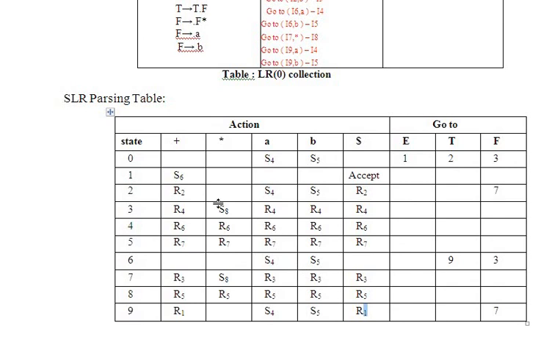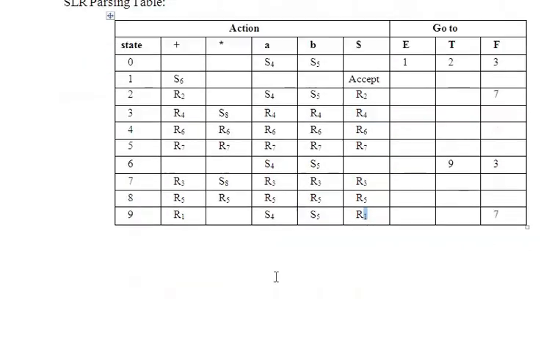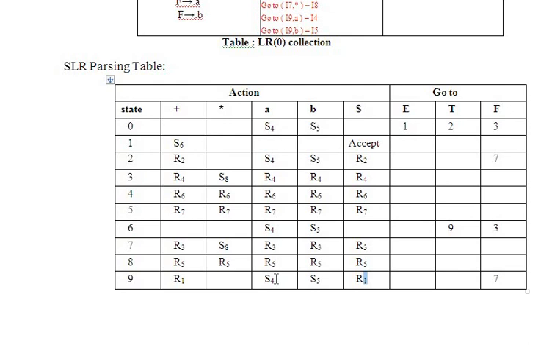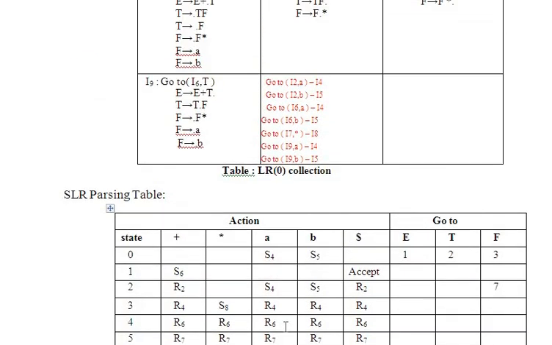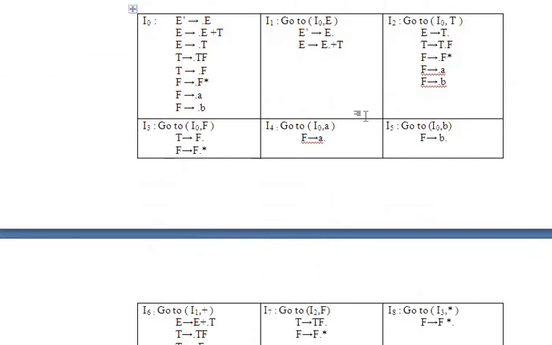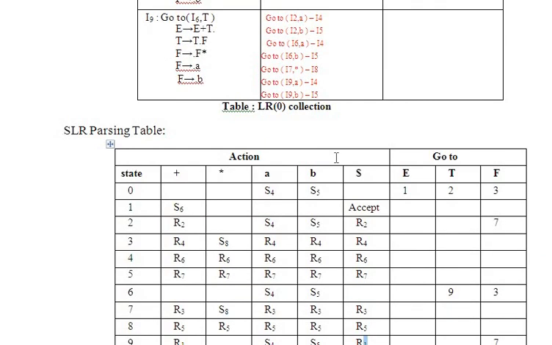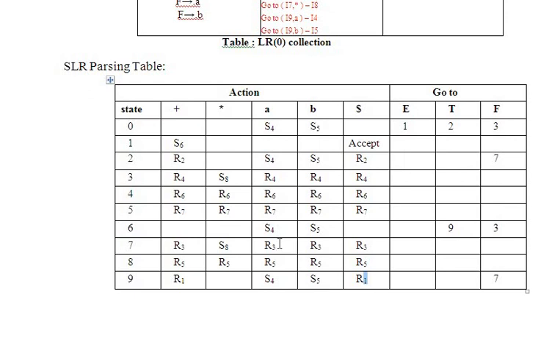So thus you can put shift and reduce entries in the SLR parsing table. This is the simple LR parsing table. According to the LR collection, you have to fill in all the shift and reduce entries. It may be possible to get a conflict in the SLR parsing table.